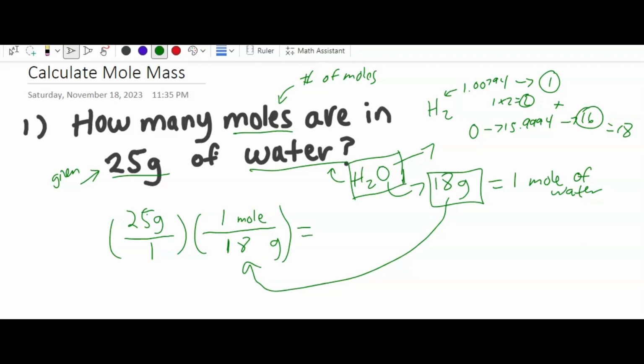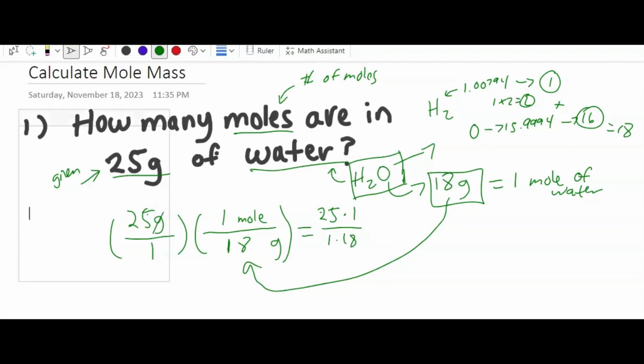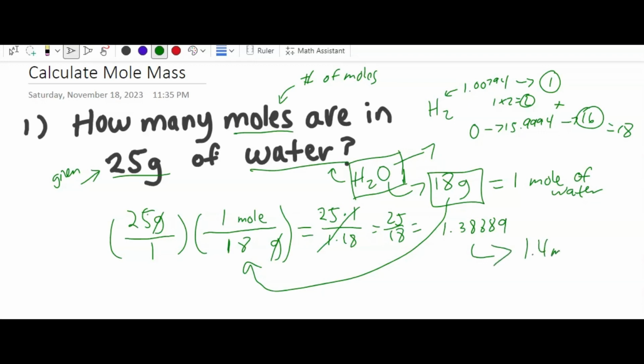This is the same as saying 25 times 1 over 1 times 18. And you can see you just cross out the grams, and then the 1's cancel out here. So you're left with 25 over 18, which gives us a value of 1.38889 moles. Let's round this to the tenths place, which is 1.4 moles.